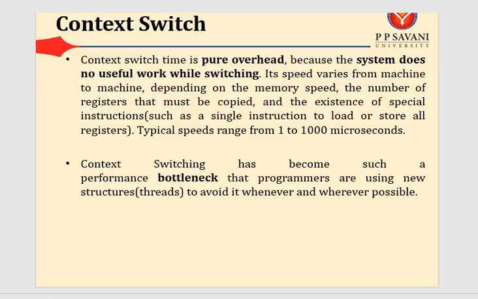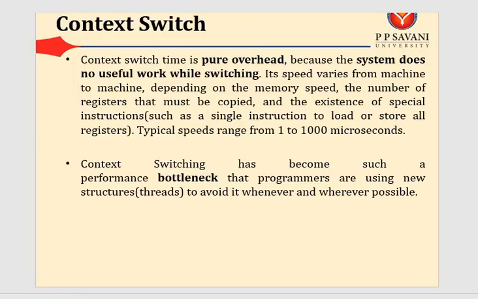Context switch time is pure overhead, because the system does no useful work while switching. Its speed varies from machine to machine, depending on the memory speed, the number of registers that must be copied, and the existence of special instructions, such as a single instruction to load or store all registers.